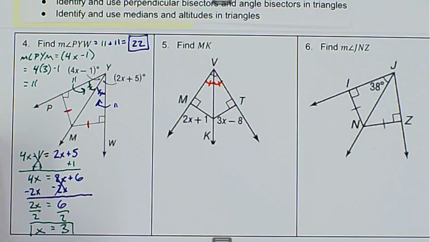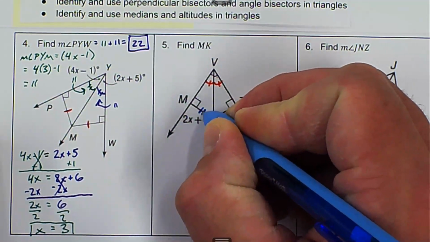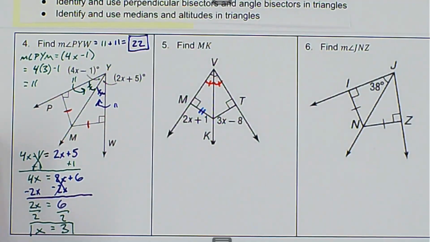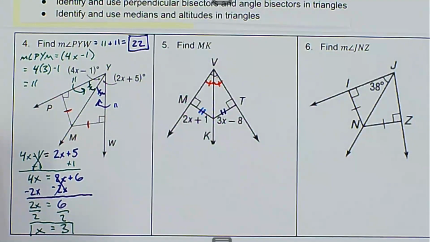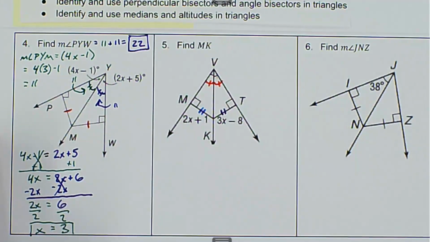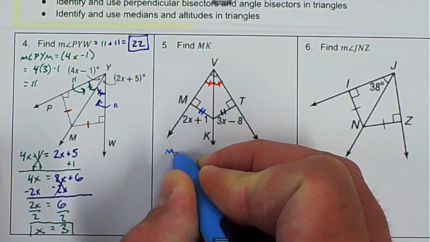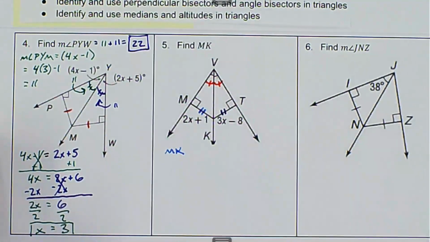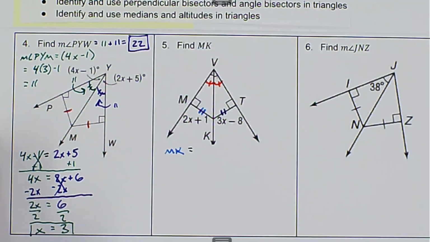So because VK is the angle bisector, these two sides are congruent. So that tells us that MK is congruent to TK, or the distance from MT or MK is equal to the distance TK.